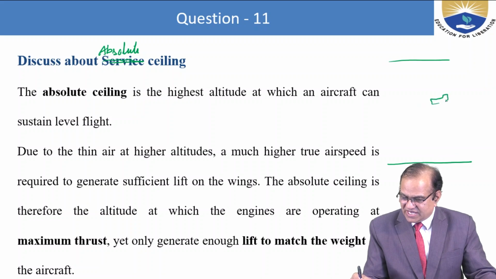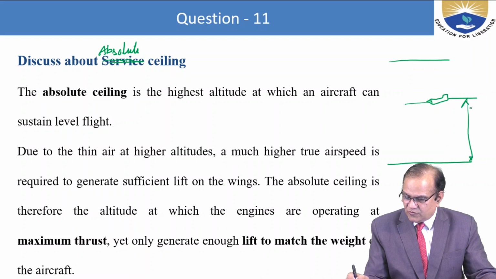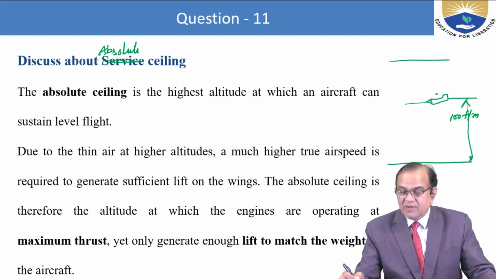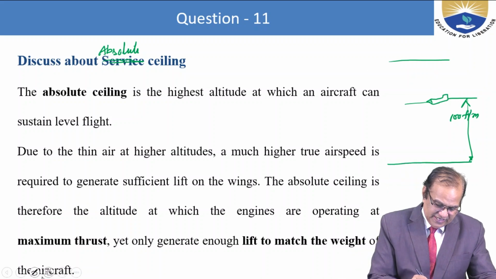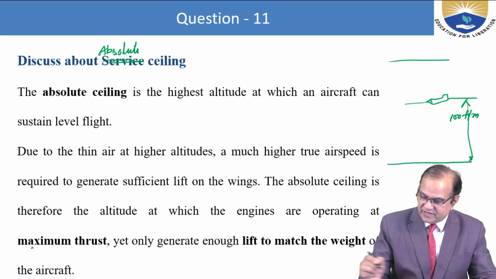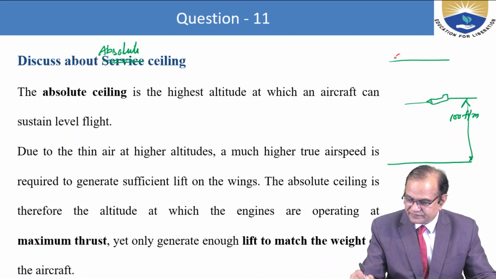Initially your aircraft is here. This is your service ceiling. Up to here you have the 100 feet per minute rate of climb. But as you go up and up, your aircraft reaches a point where the altitude is here.